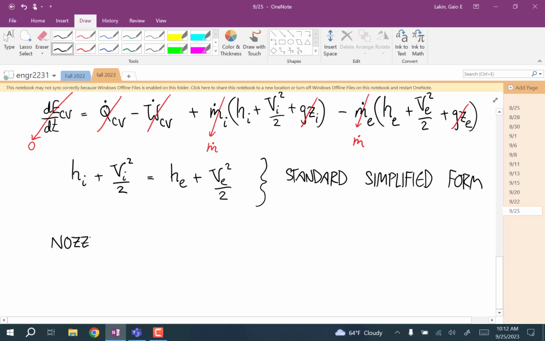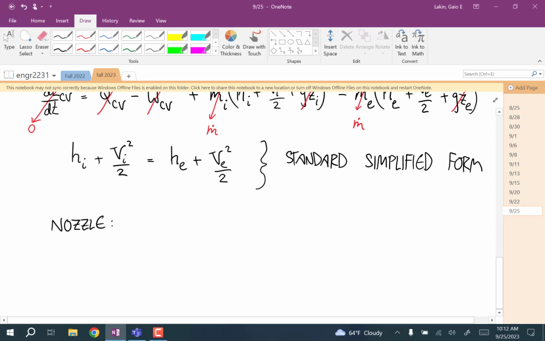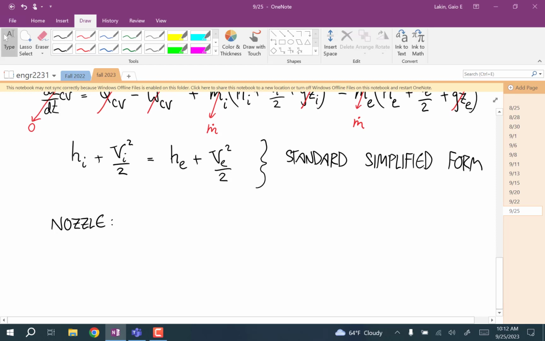Even though it's the same equation for both of them, I'm going to organize these terms in different ways just to bring out what these are trying to do. Okay, so for a nozzle, the exit speed is bigger than the inlet speed.